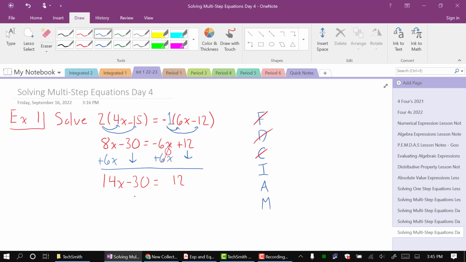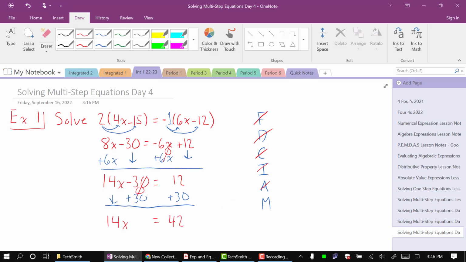Add 30 to both sides. I'm not doing anything with the 14x, so I can just drop that down. So that gives me 14x, negative 30 and positive 30 would give you 0 equals 12 plus 30 is 42.